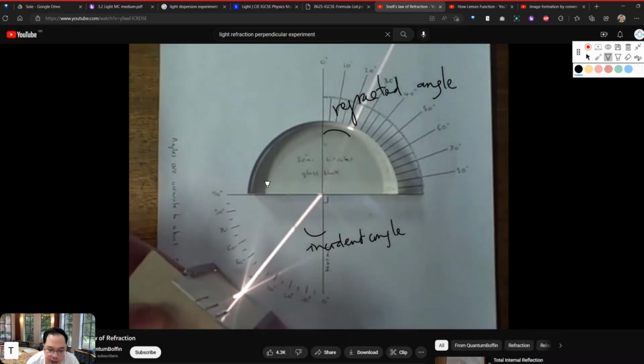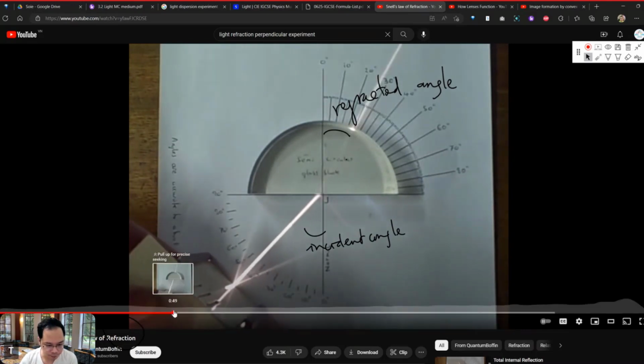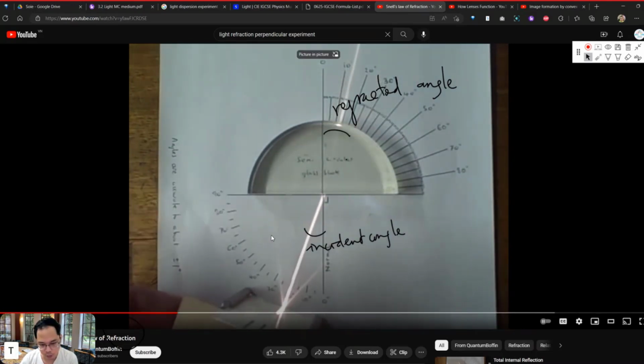The reason for refraction is that different light waves in this single ray, it's not actually one ray. We can call it a beam of light. And in this beam, there are actually a lot of waves, billions of waves in that parallel beam.